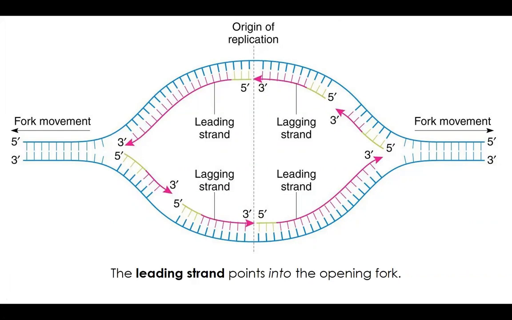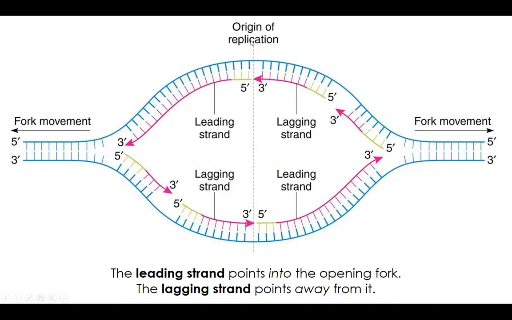So the leading strand points into the fork. The direction of synthesis is into the fork, or the same direction as helicase. The lagging strand, which is this bottom strand, points away from the fork, or the opposite direction of helicase. Notice, though, we've been working on this left side. We're going to continue to do so.